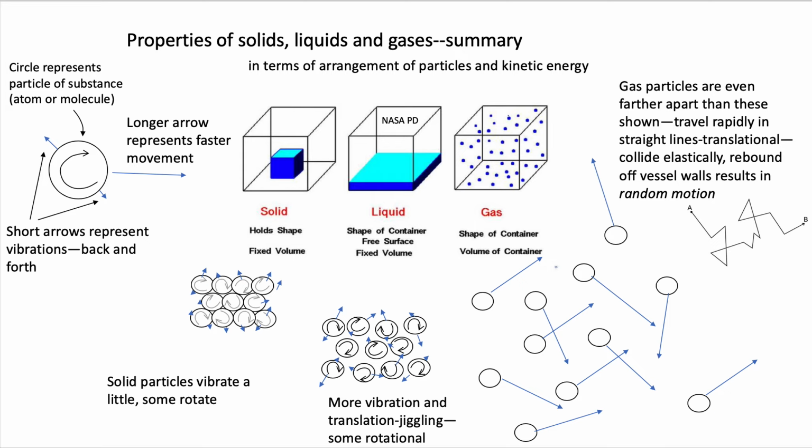In the gas, the particles are far, far further apart than this diagram shows, moving randomly and colliding with each other in elastic collisions. The particles aren't going to lose energy with those collisions.